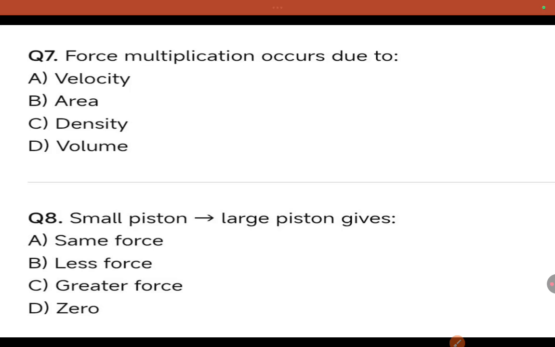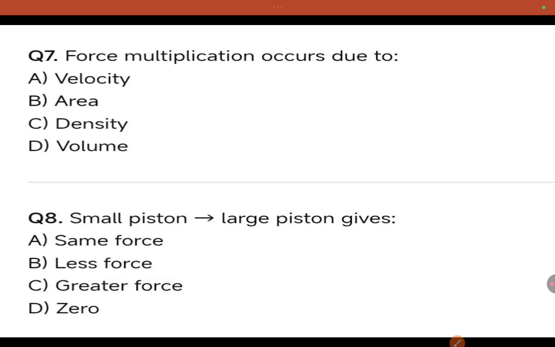Velocity, area, density, volume. Force multiplication occurs due to velocity? Come on. Velocity, area, density.